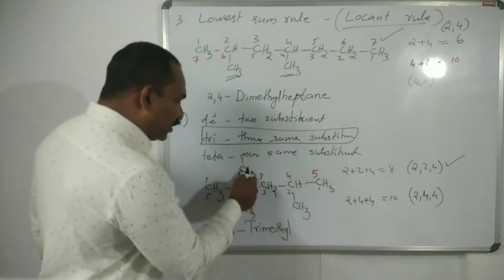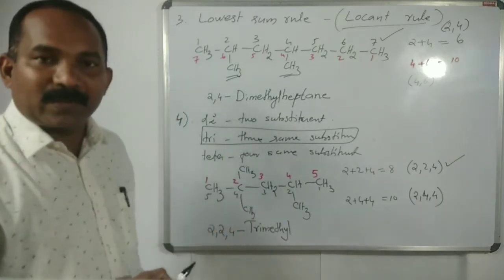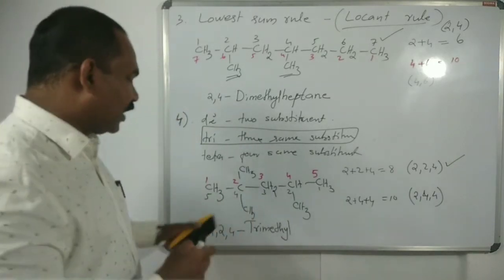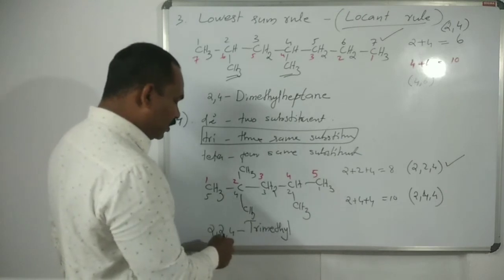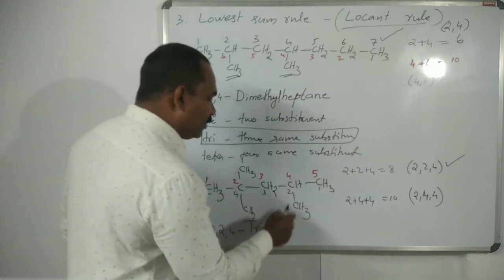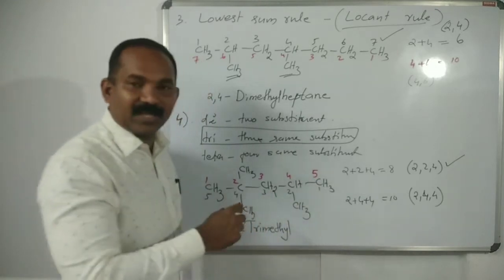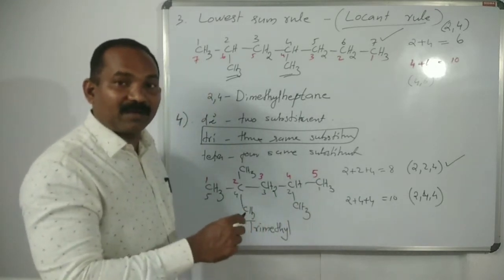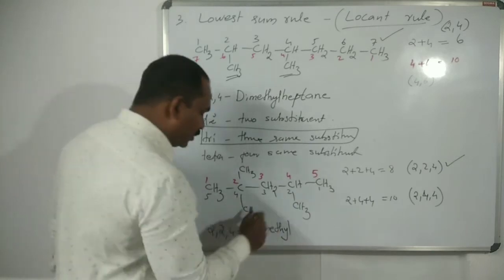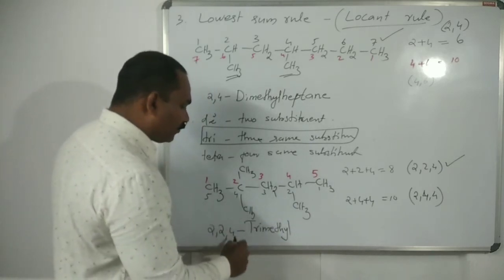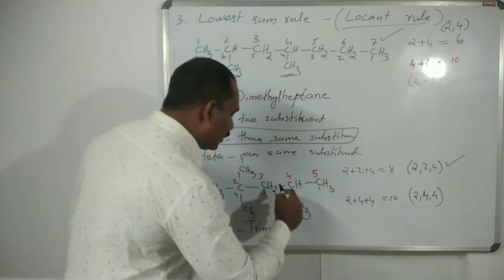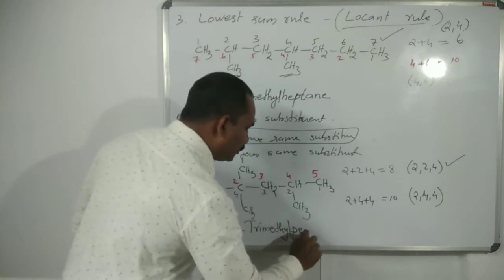Here, methyl groups are three. The three methyl groups present in the organic molecule, that's why trimethyl. How many carbon atoms in the longest chain or parent chain? In the parent chain there are 5 carbon atoms. So 2, 2, 4-trimethyl pentane.